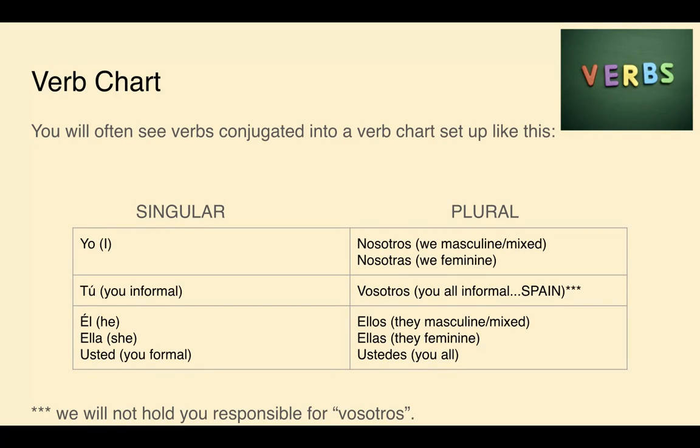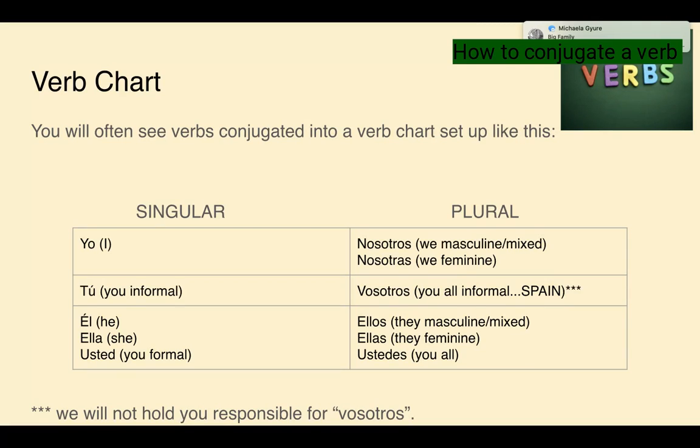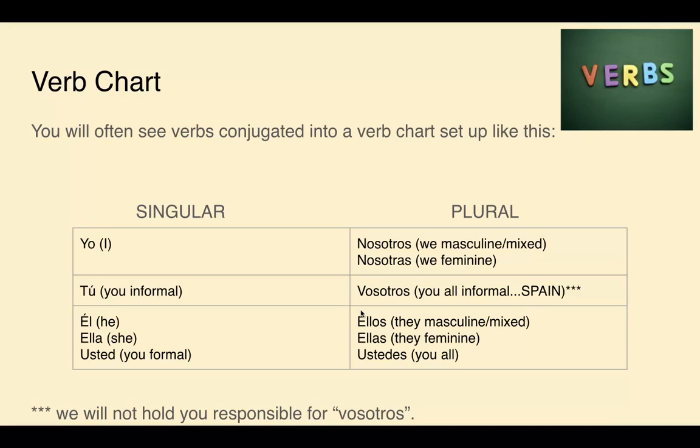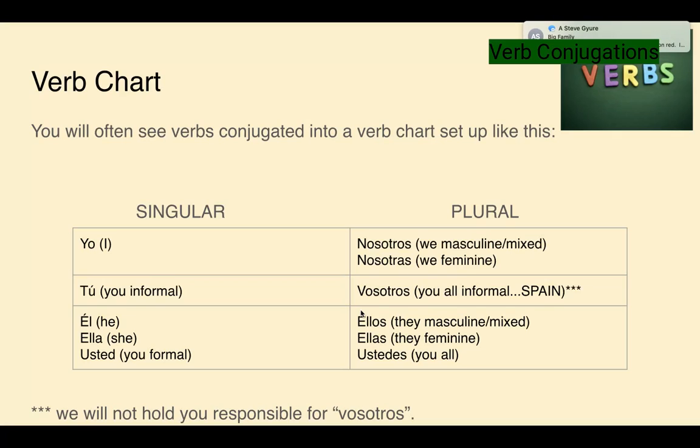As you have been learning Spanish, you have seen verb charts like this. Okay? And you notice that you have your singular pronouns, yo, tú, él, ella, usted, and you have your plural pronouns, nosotros, nosotras, vosotros or vosotras, which we are not holding you responsible for, ellos, ellas, and ustedes.